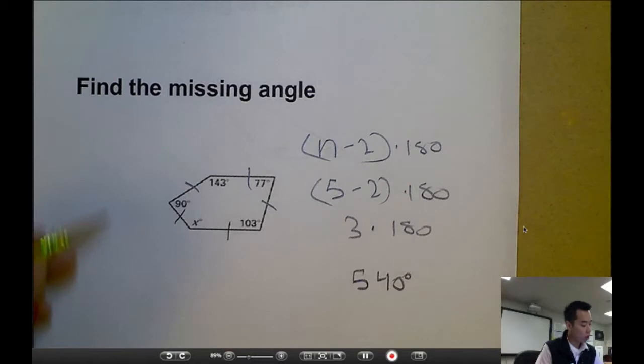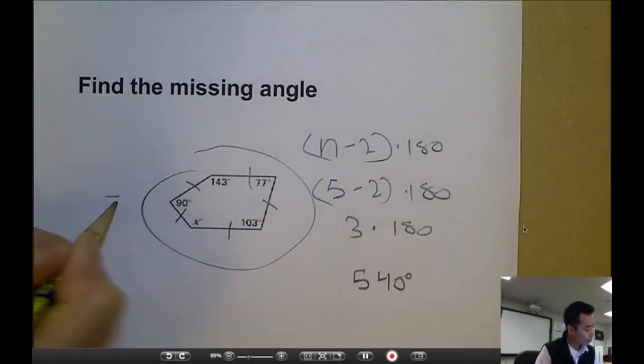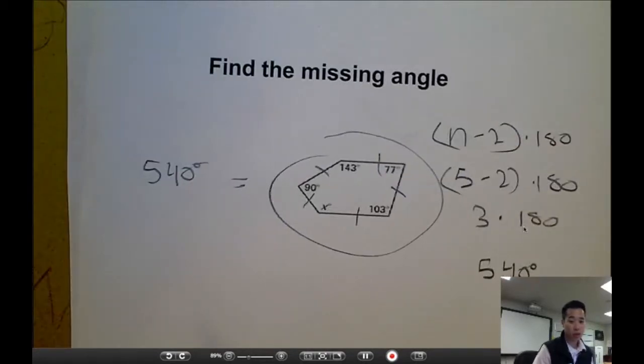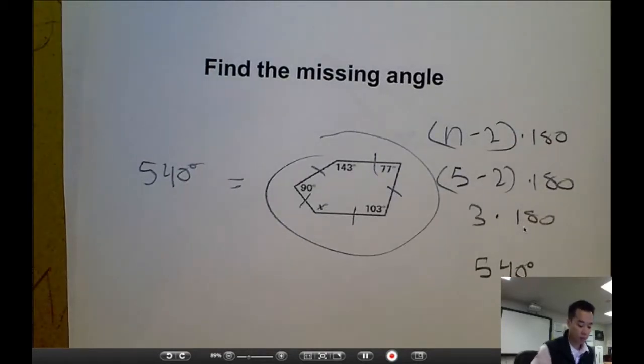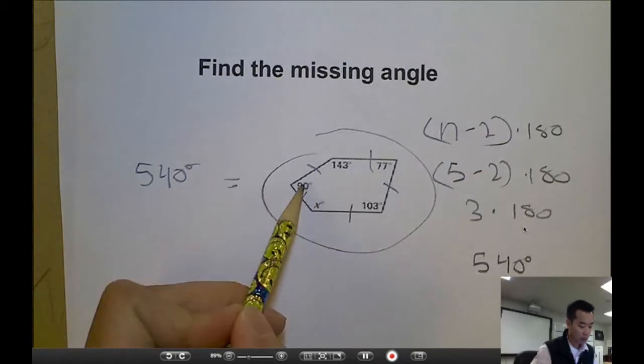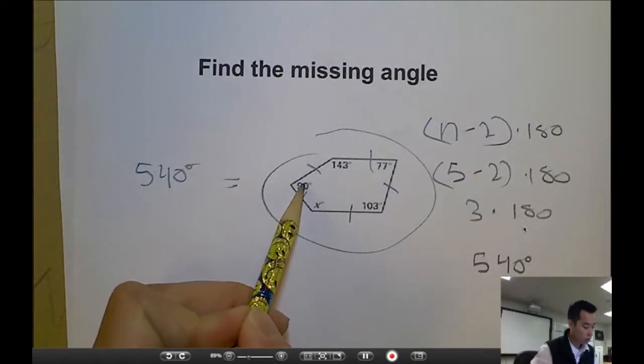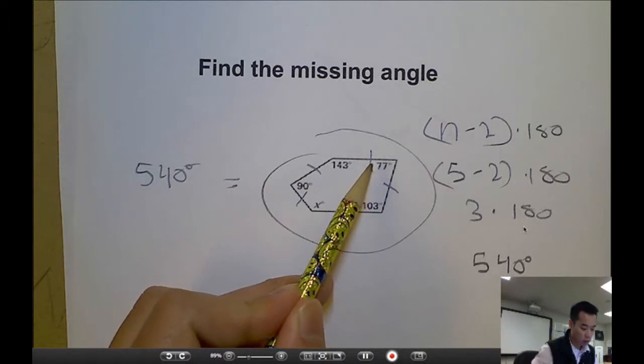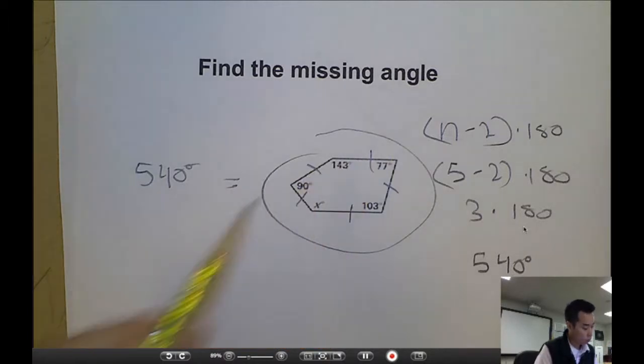So because I know all of these have to add up to 540 degrees, all I'm going to do is just figure out how many degrees they have given me so far. So I will start at 90 degrees right here. 90 plus 143 plus 77 plus 103 is equal to 413.